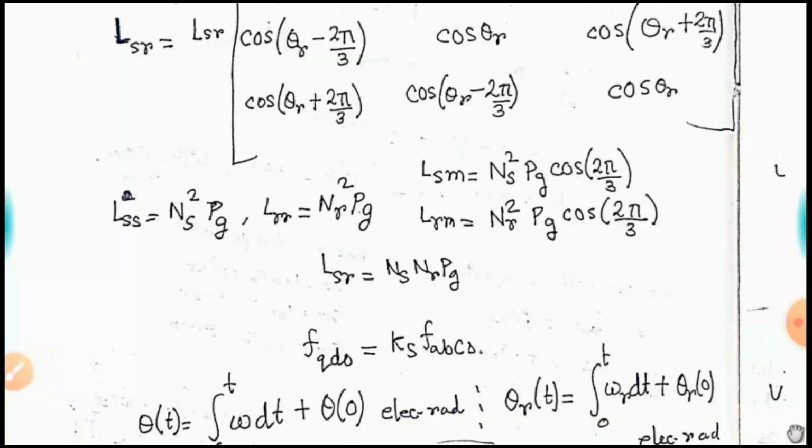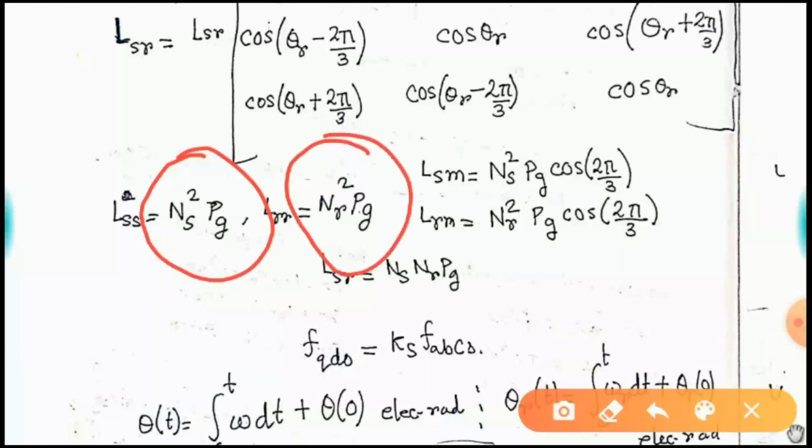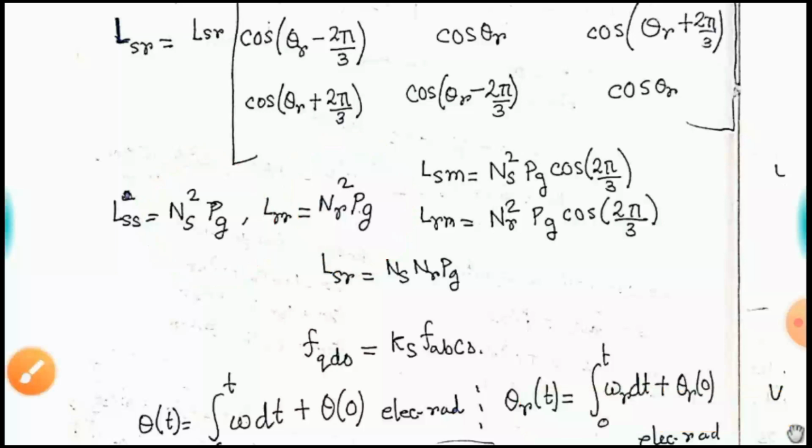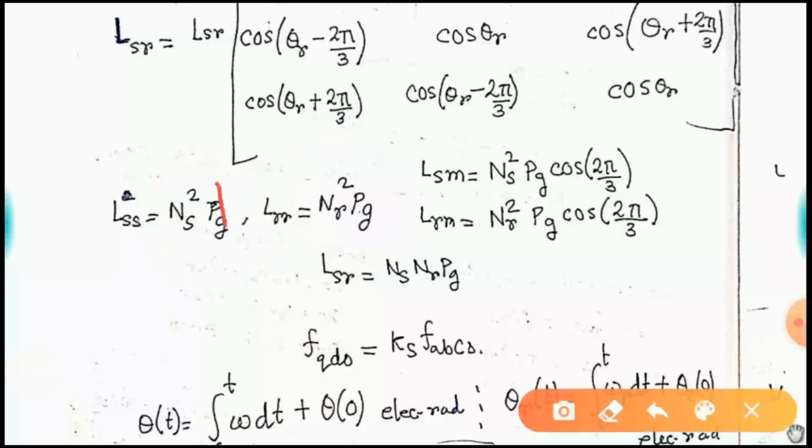And the same PG is valid for your LSS and LRR. Actually, I cannot draw it properly and it is consuming unnecessary time. I'll share a better video where we'll see how that permeance will vary with the intermediate distance, right? And also everywhere you will see it is PG, that permeance term remains the same everywhere, right?